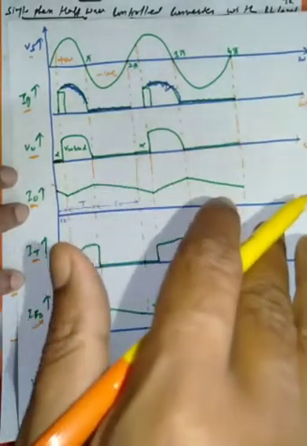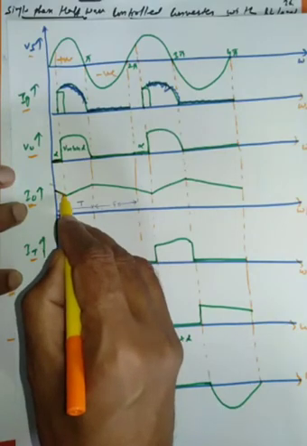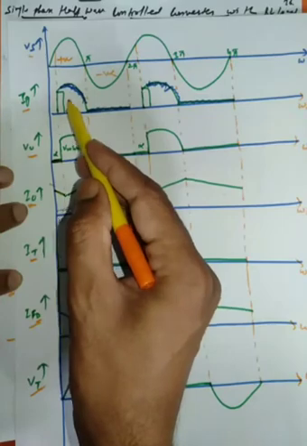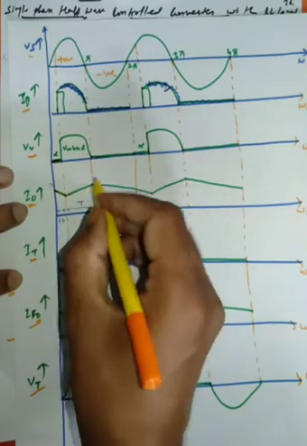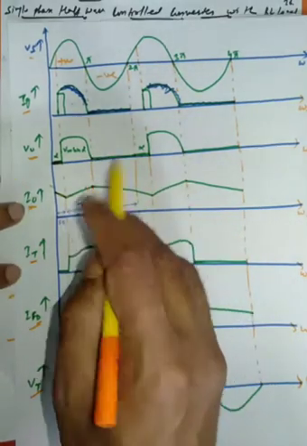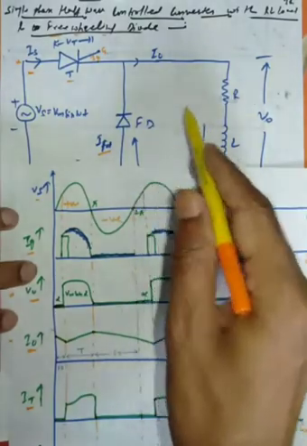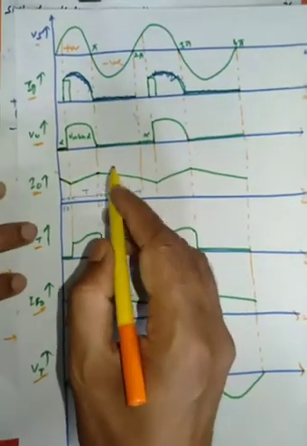The current starts decreasing whenever the thyristor is off, and whenever the thyristor is on in the positive half cycle, the output current starts increasing. During the negative half cycle, the thyristor is off but the freewheeling diode conducts, and current still flows through the load, but in decreasing mode.